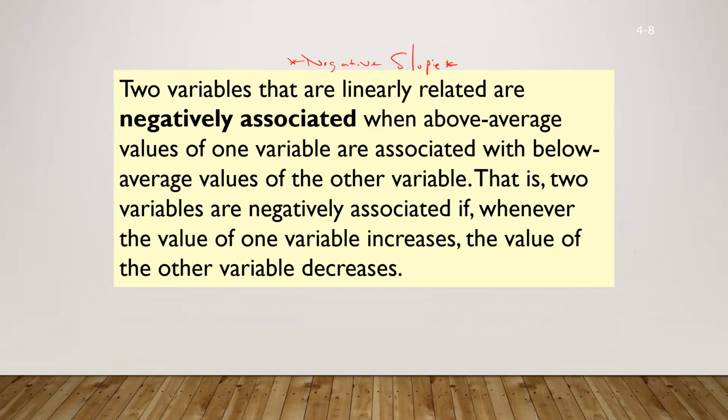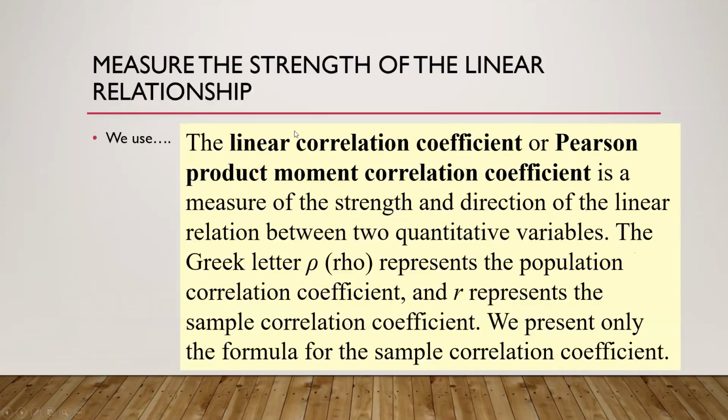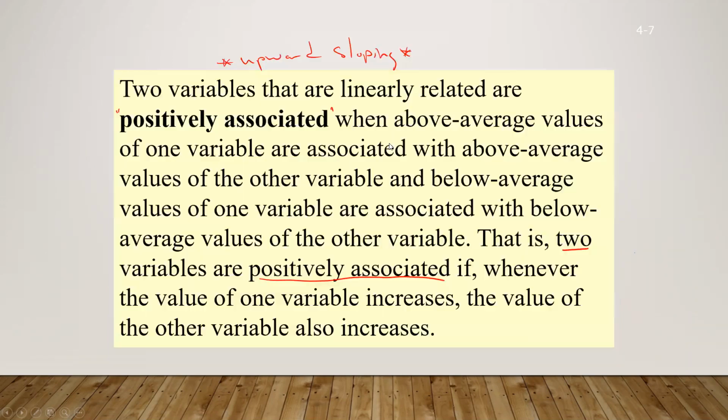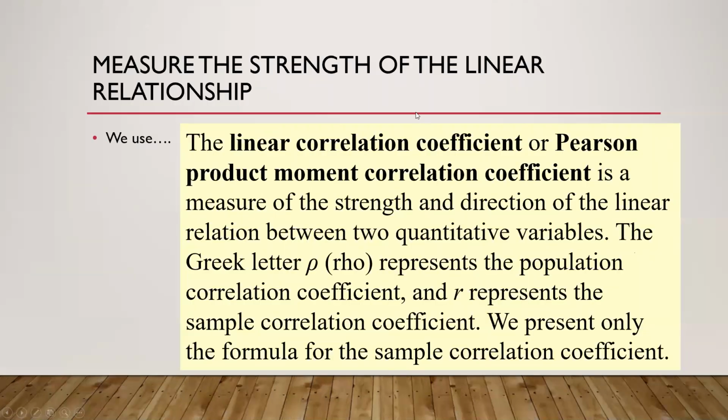All right? And this is what we're going to study, this positive association and negative association. Okay. What we want to do now, it's one thing to just say, hey, these variables are positively associated linearly, these variables are negatively linearly associated. What we want to do now is measure the strength of that relationship.